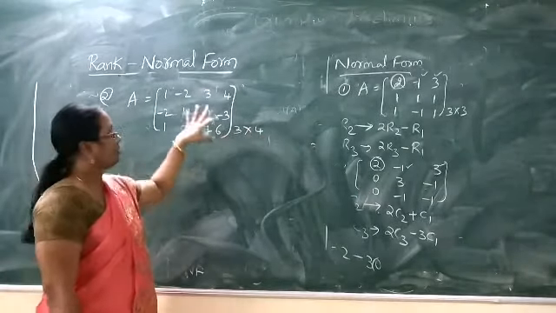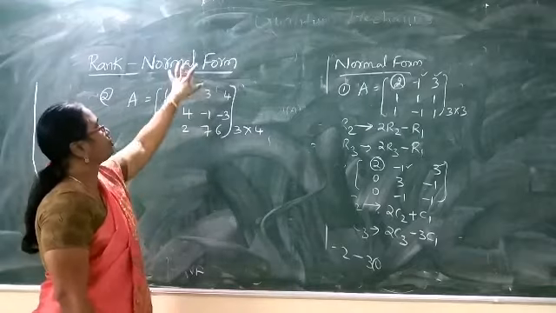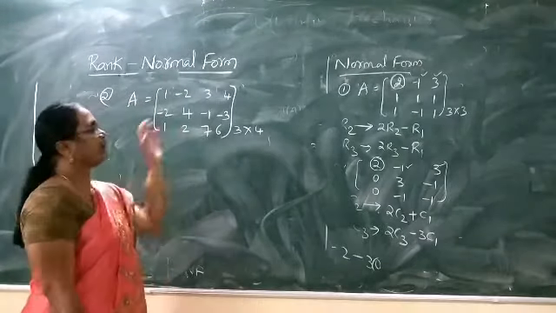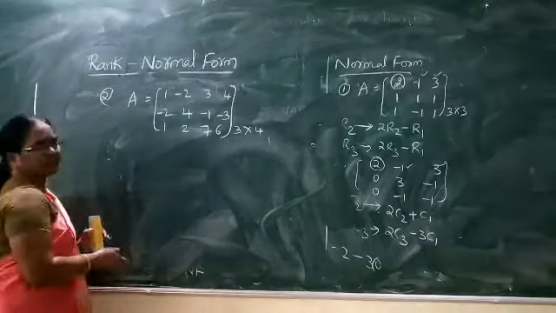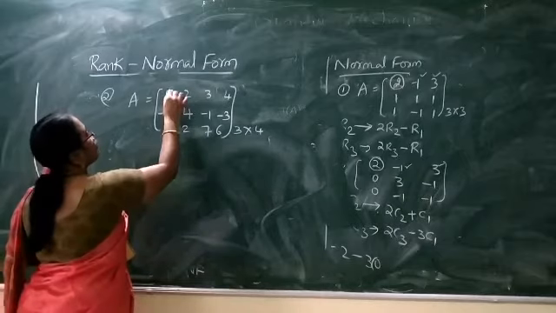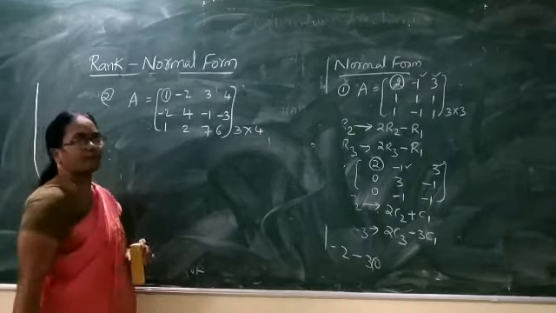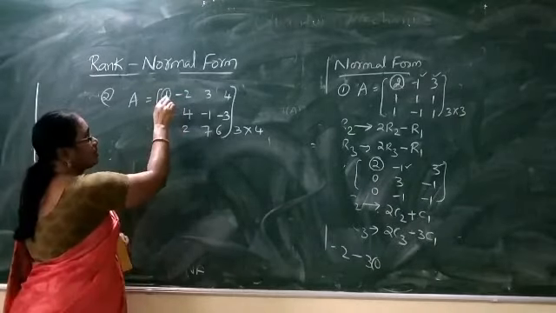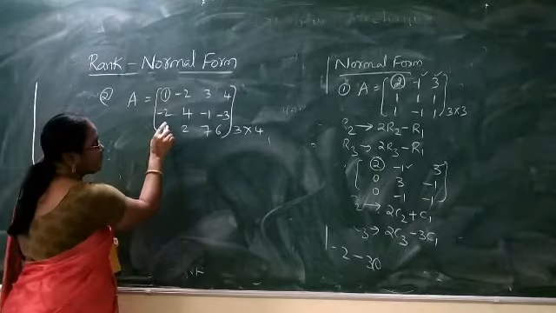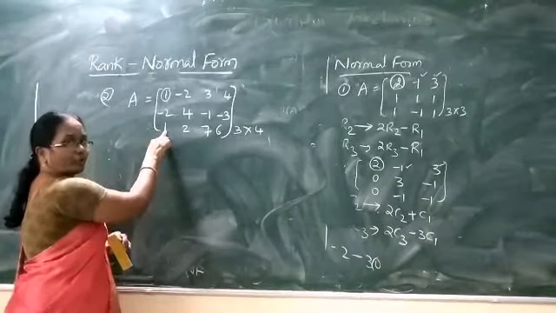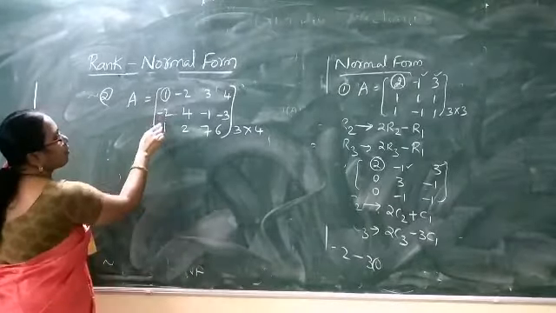Now let us try to reduce this matrix to the normal form in order to find the rank. By our process, we choose the non-zero first pivot. It is 1 already. So using this one, we need to make this minus 2 and 1 zero using row operations. Let us apply on row 2 and row 1.